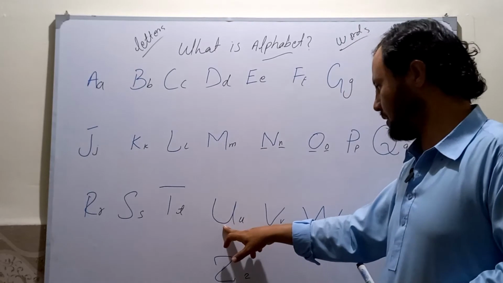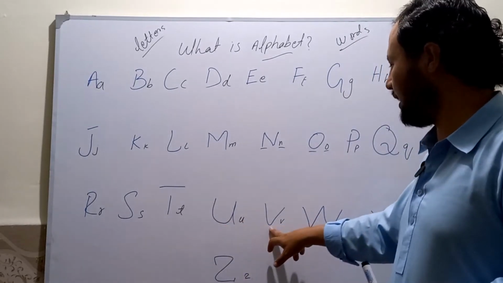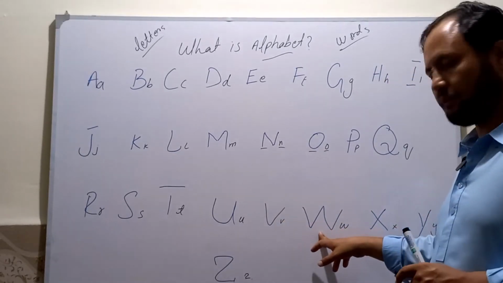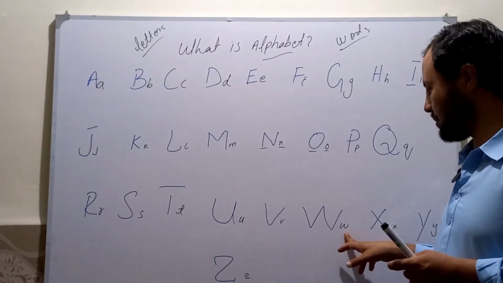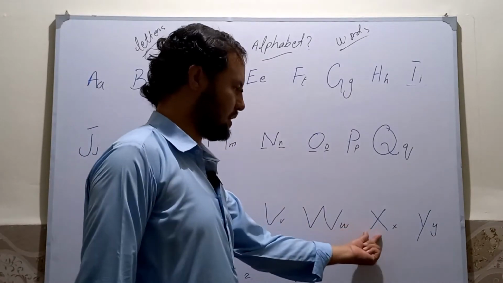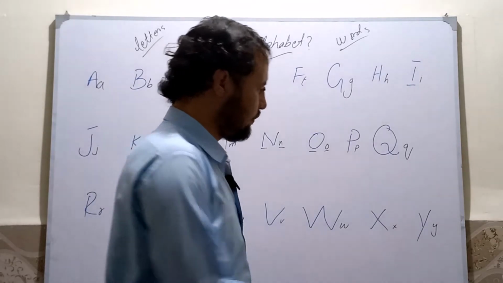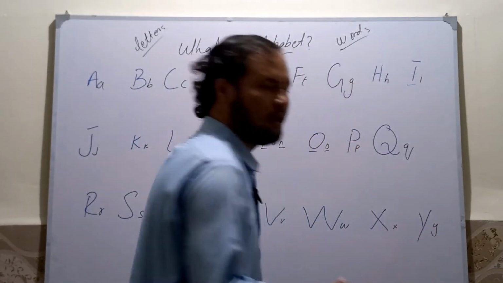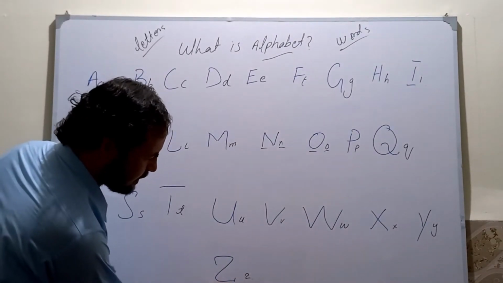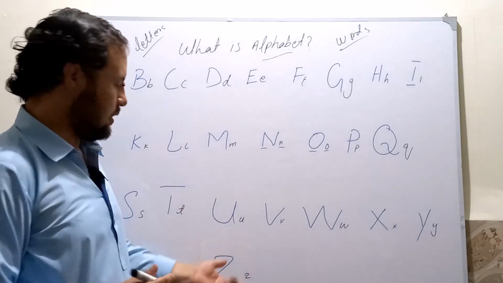U, capital U, small u. V, capital V, small v. W, capital W, small w. There is not a big difference actually. X, capital X and small x. Y, capital Y and small y. And the last one is Z, capital Z and small z. We call it Z also.